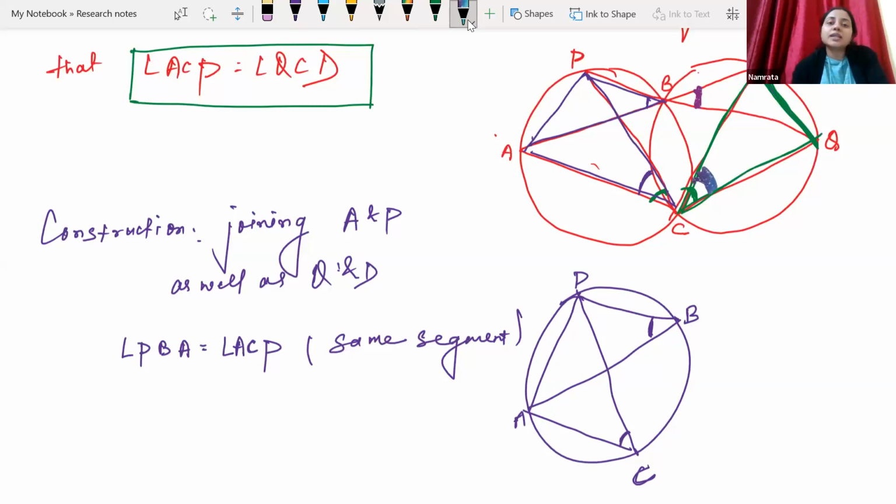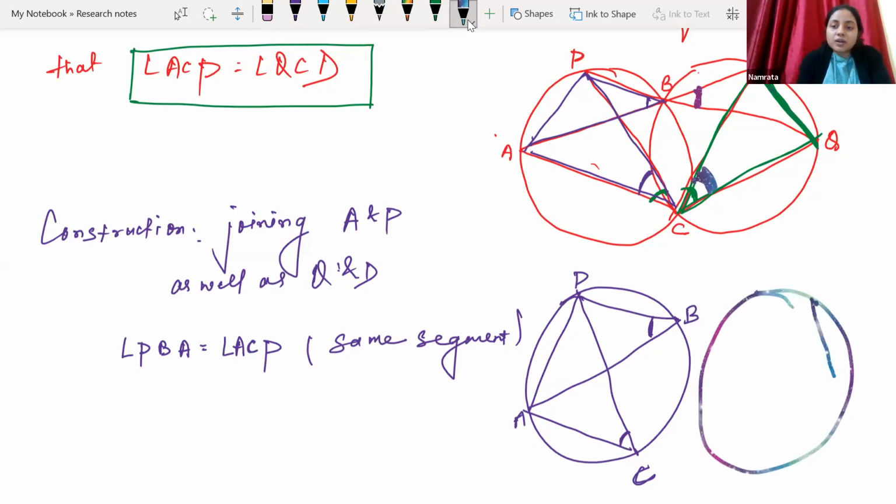Why? Again, angles in the same segment of the circle have the same measurement. If you want to check, you can check. We are having a circle like this, there is a chord like this, the major segment, minor segment. Now we are getting one angle over here and another angle over here. I'm talking about this angle and this angle. Angles in the same segment are of the same measurement.